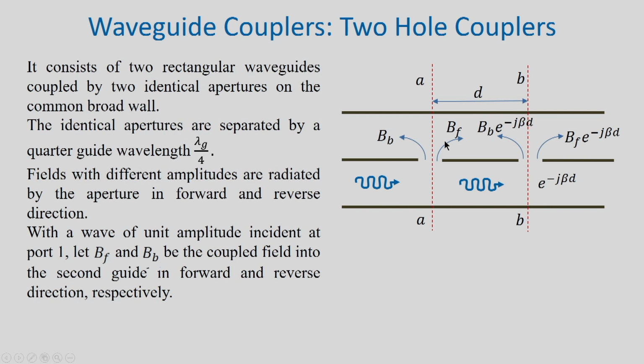BF is in the forward direction and BB is in the reverse direction. These BB and BF are known as aperture coupling coefficients.